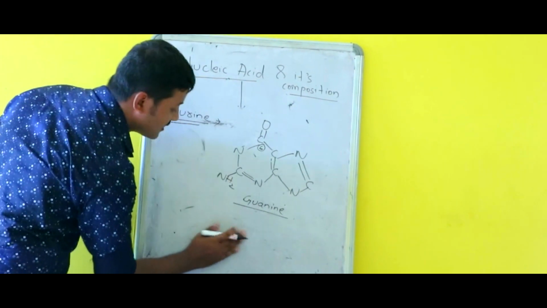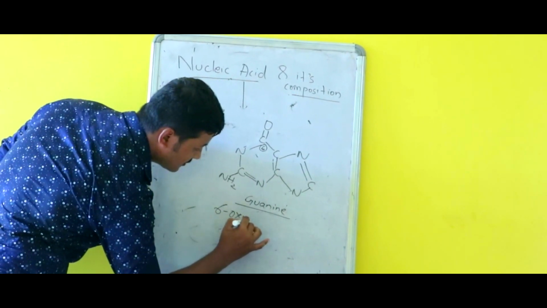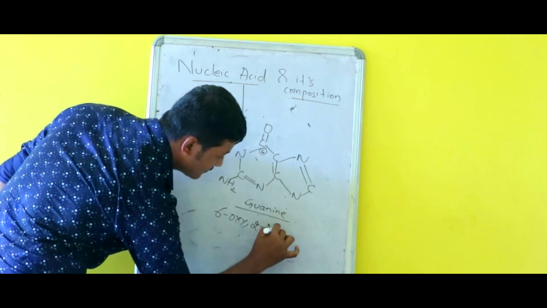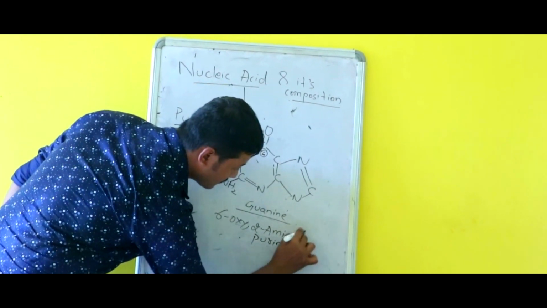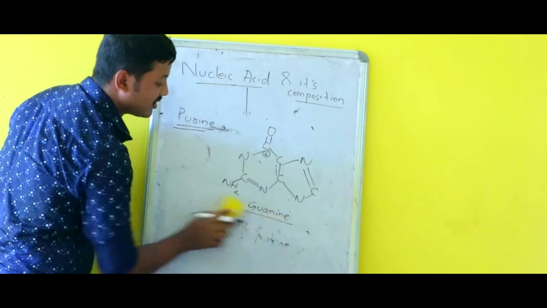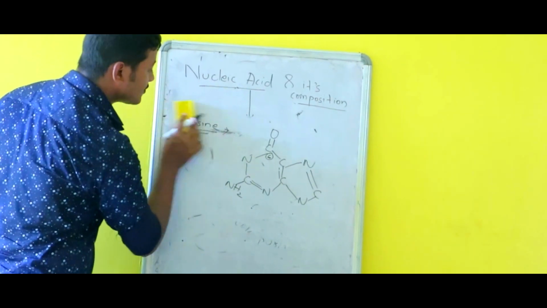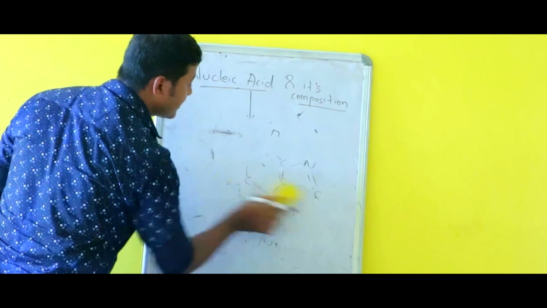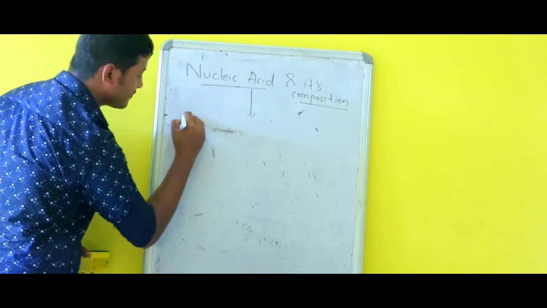That's why guanine is called 6-oxy-2-aminopurine. These two purines are present in all the nucleic acids, that is in DNA and RNA.